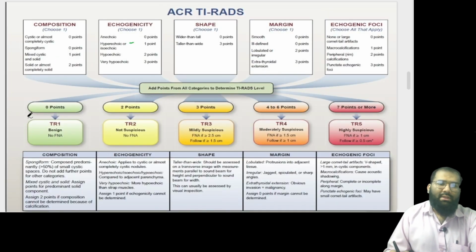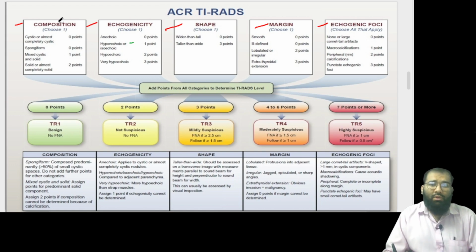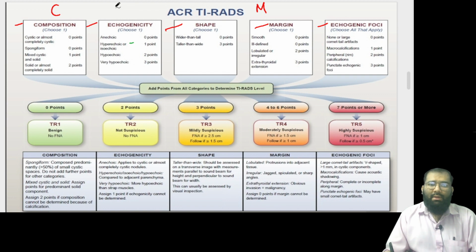Okay, we had seen this. So these are our 5 important things: composition, echogenicity, shape, margin and echogenic foci. You can remember this very easily. First is composition, which is C. Then margin, so this is M. There are two E's: one is echogenic foci and the second is echogenicity. Easy to remember: echogenicity and echogenic foci.